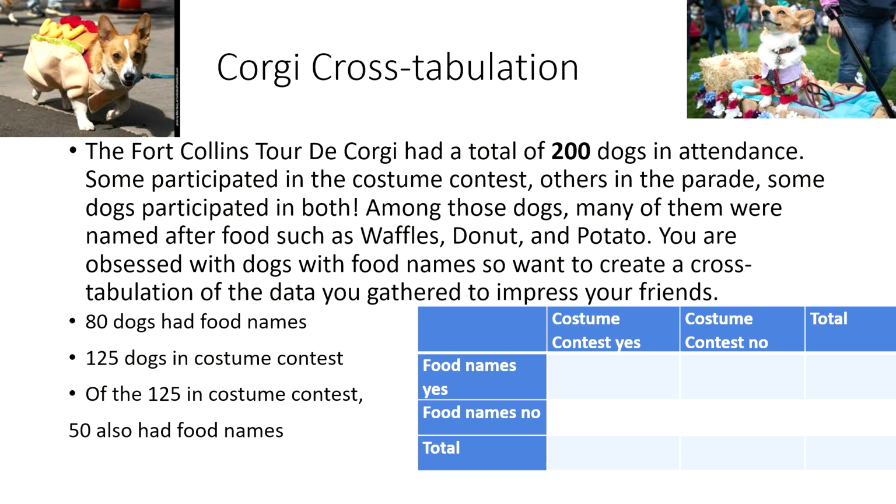Then I would look at 125 dogs in the costume contest. Finally, I would use this last bit of information that of the 125 in the costume contest, 50 also had food names. Then I would use that to go ahead and do the math to answer the cells that I hadn't yet filled in. So that's how I would approach it.